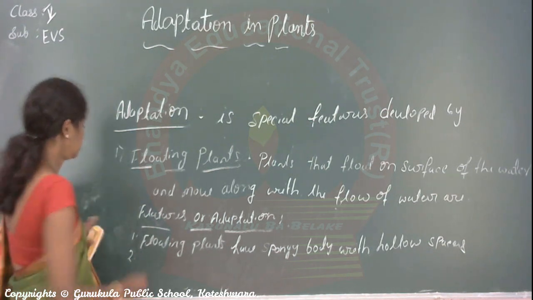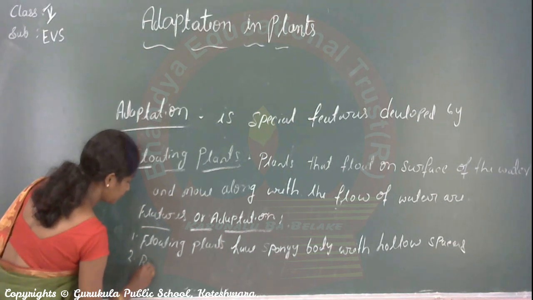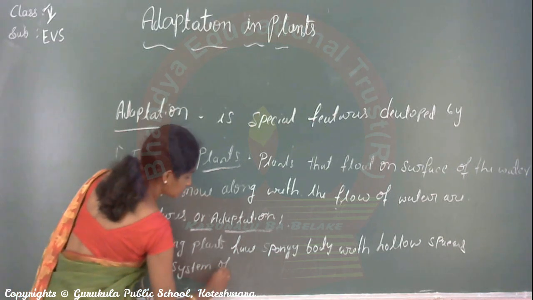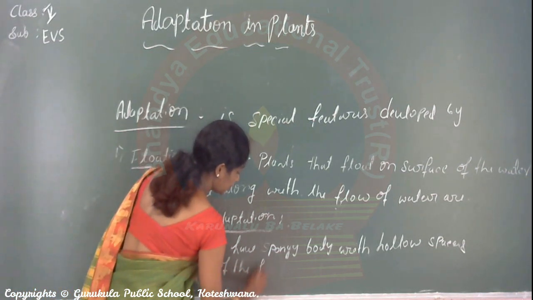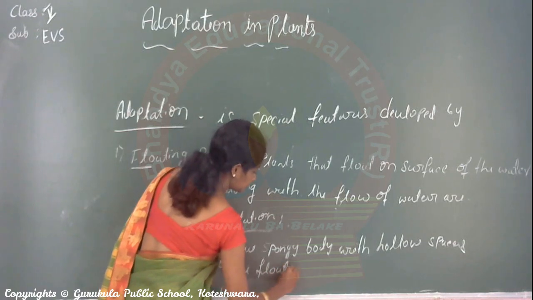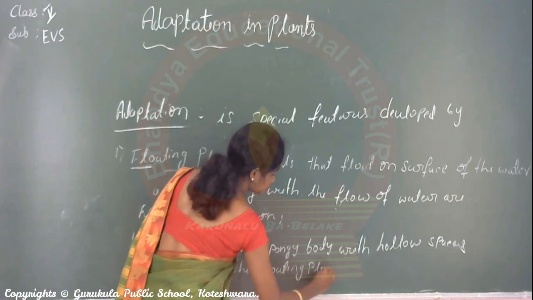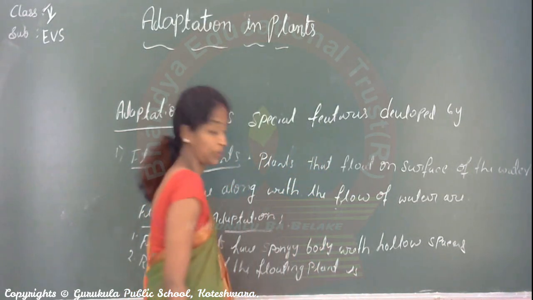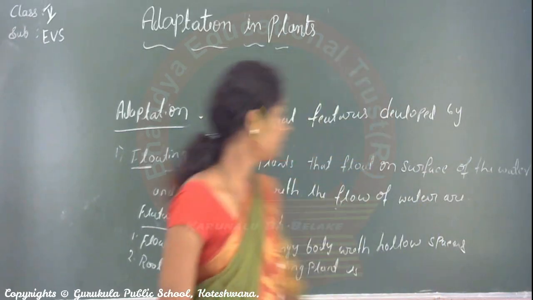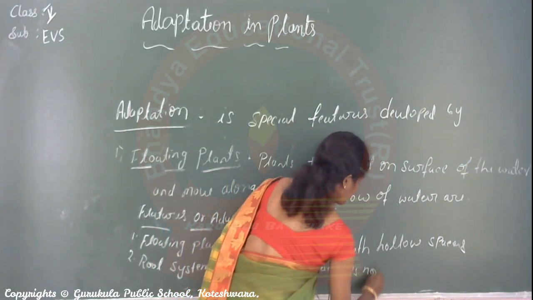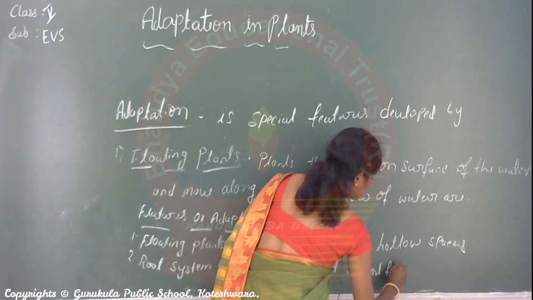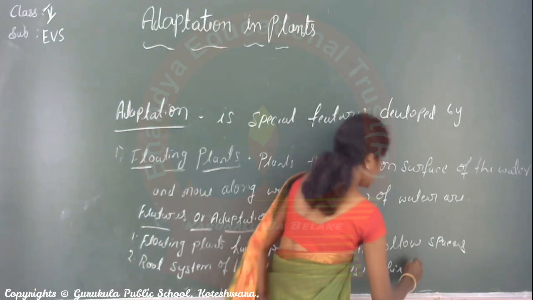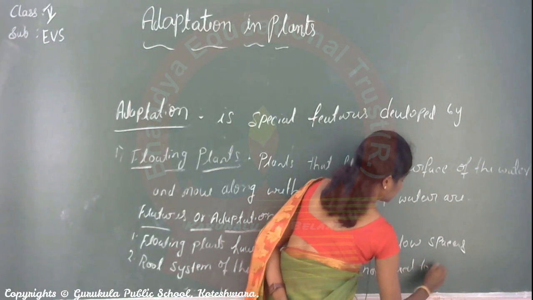The root system of the floating plants is not fixed to the bottom of the water body.